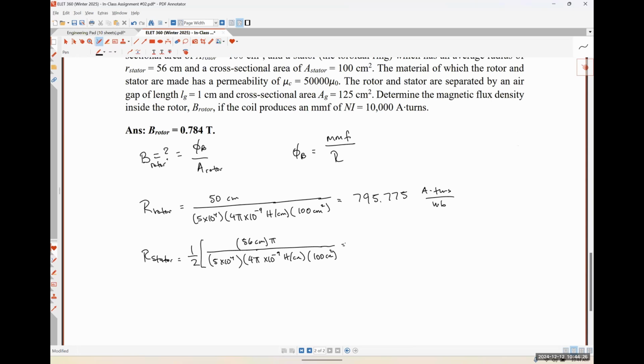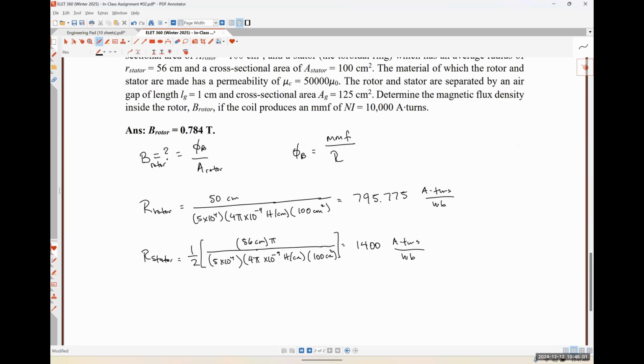So I'm going to throw this into my calculator: 0.5 times 56 times pi divided by 50,000 times 4 pi times 10 to the minus 9 times 100. I got this to be 1,400 amp turns per Weber. Anybody else get a similar result?